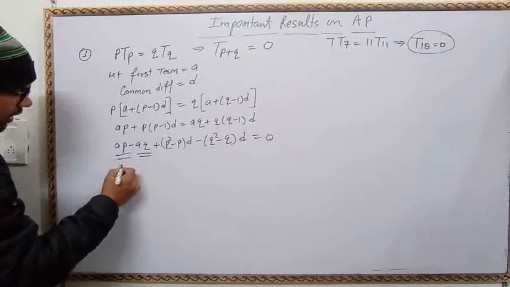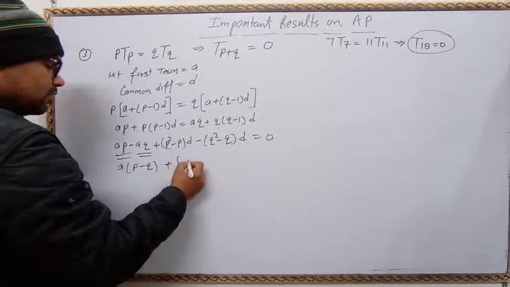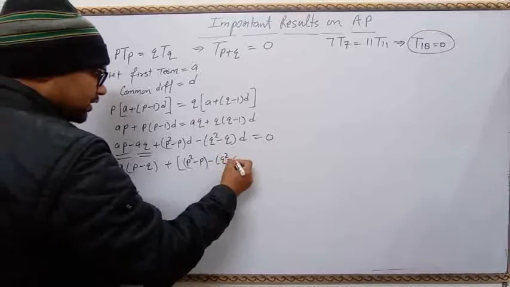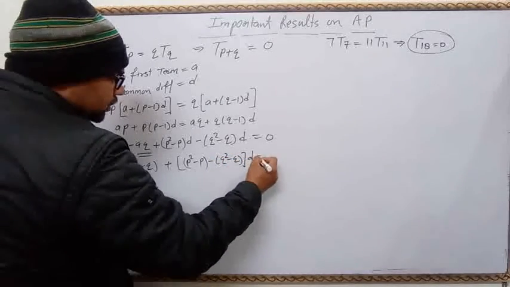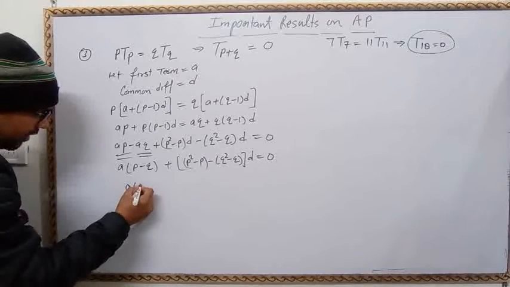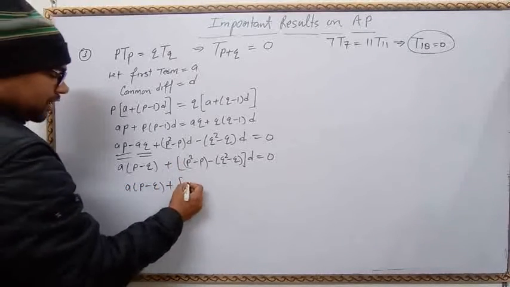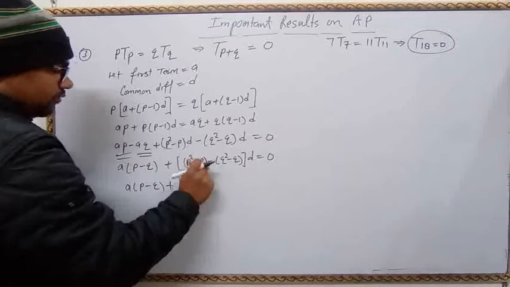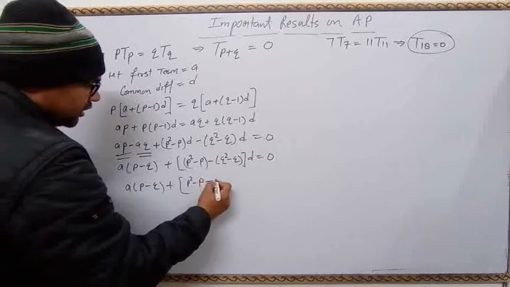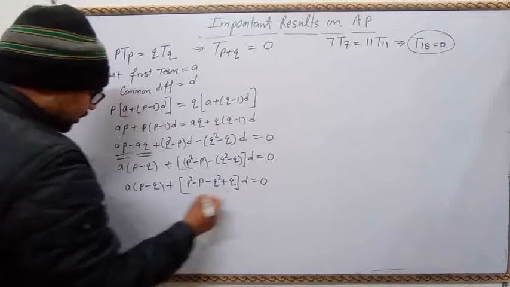A is common, and D is common in the remaining part. We will open the bracket. Here is a minus sign, so all signs will be reversed: minus Q square plus Q.